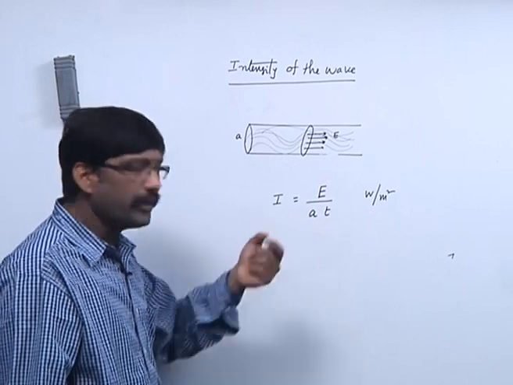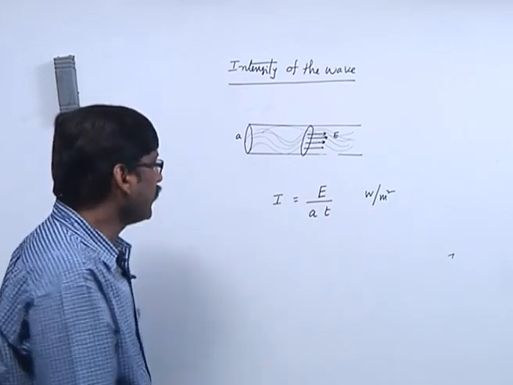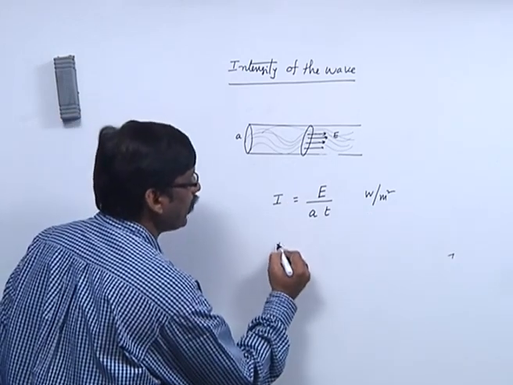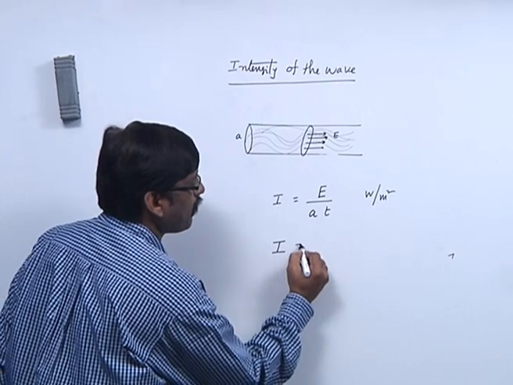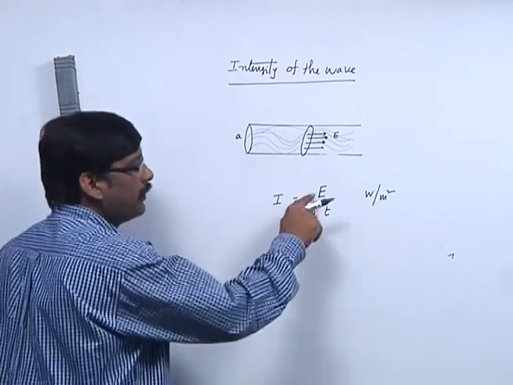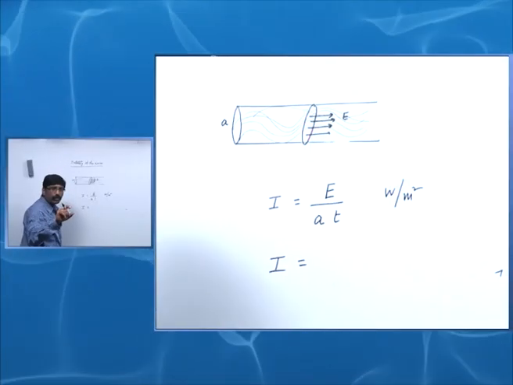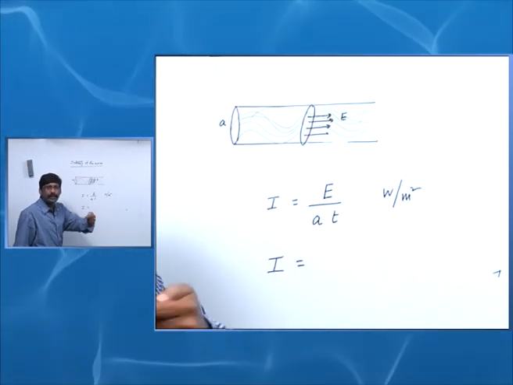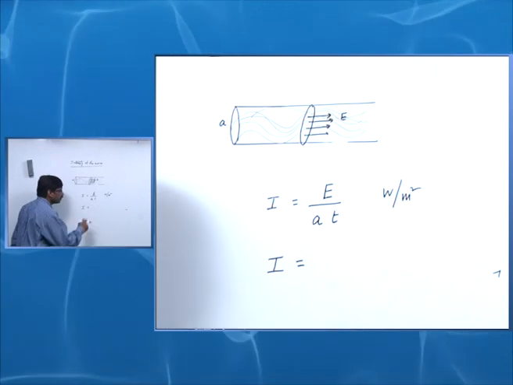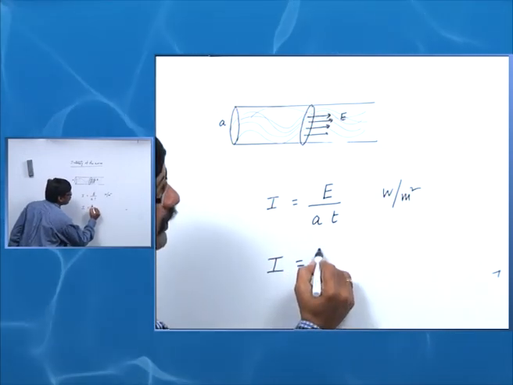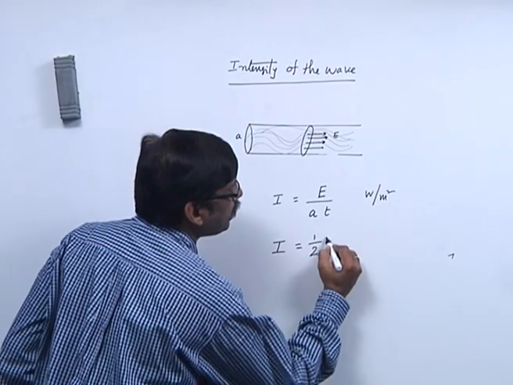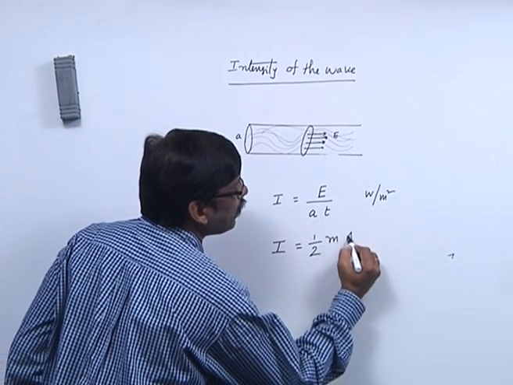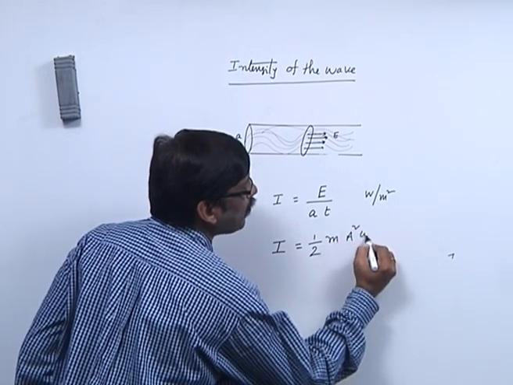Okay. Let me find the expression for intensity. In the case of a sound wave, the energy is in the form of both kinetic and potential. The maximum energy, let us say, is half m a square omega square.